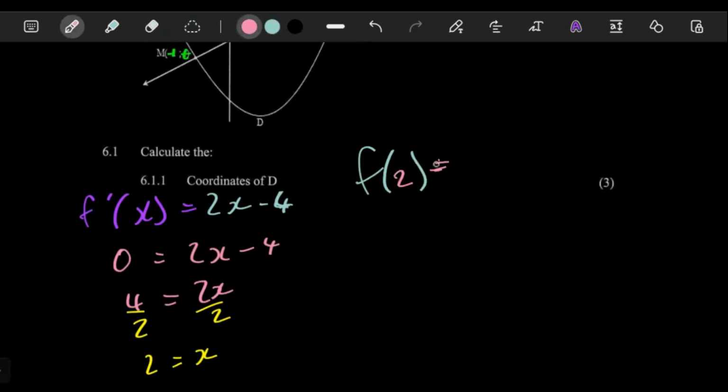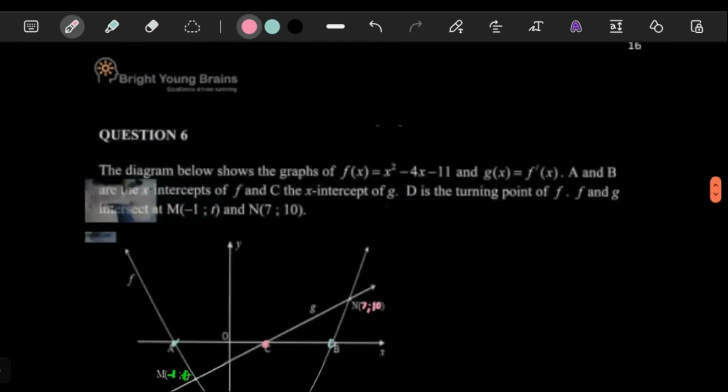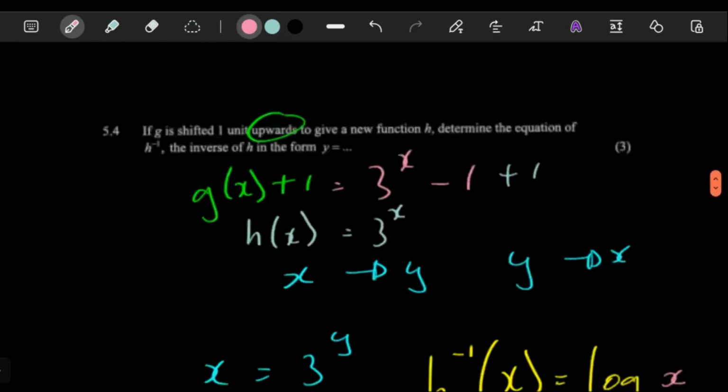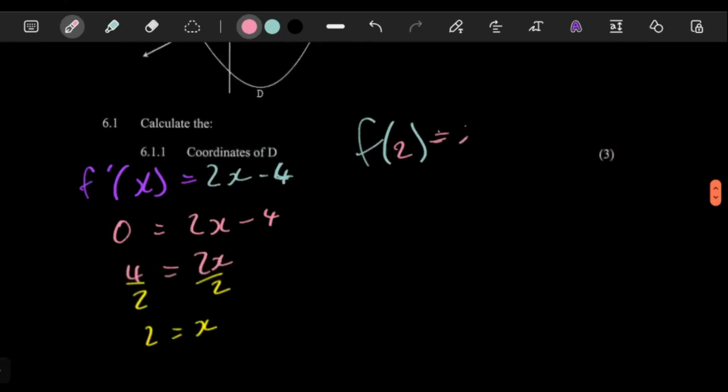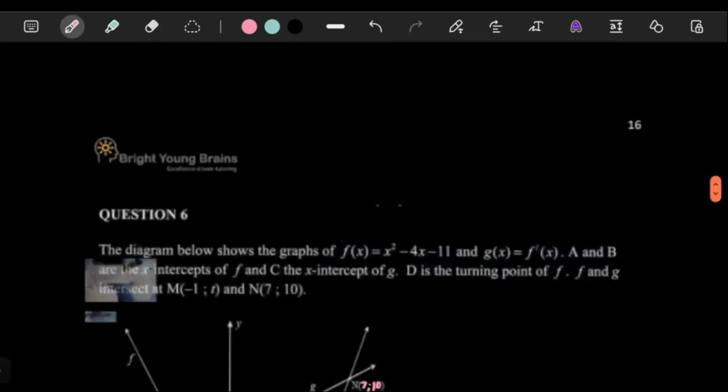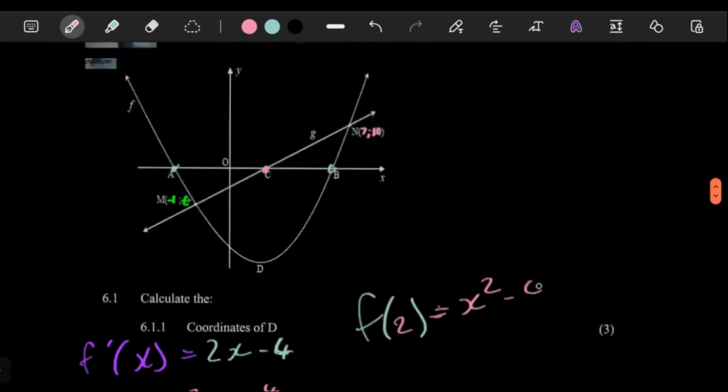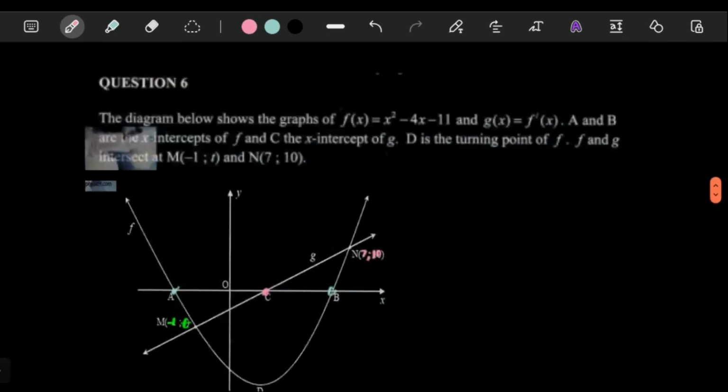After putting a 2 in there, we have x squared minus 4x minus 11.